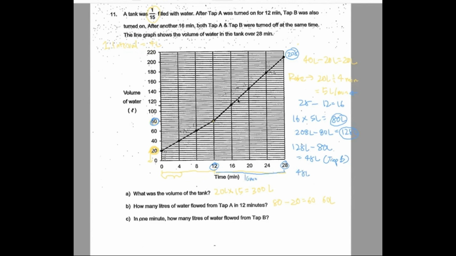So divide by 16, I get 3 liters per minute. So answer to part C, in 1 minute, how many liters of water flowed from tap B? Answer is 3 liters.